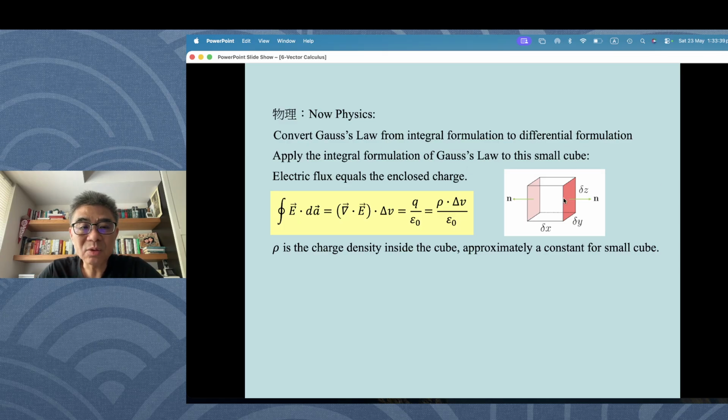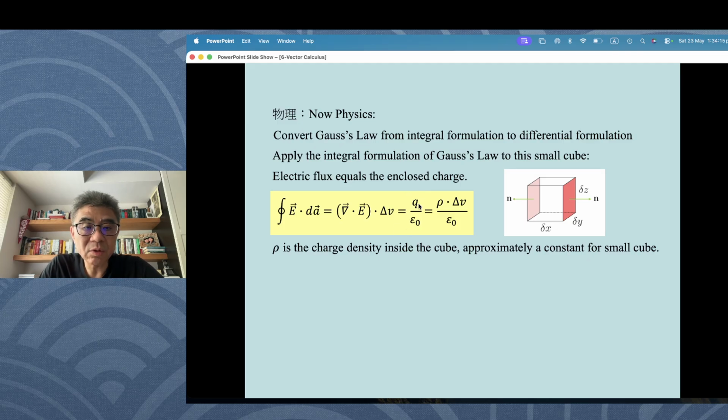If I apply it to a small cube, then the surface integral of the electric field E dA, or I could say the electric flux, equals the divergence of E times delta V, according to the mathematical Gauss's law. And according to the physical Gauss's law, this electric flux must be equal to Q over epsilon 0. So this step from here to here is physical, not mathematical.